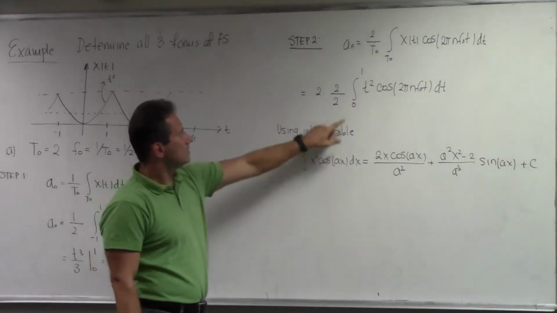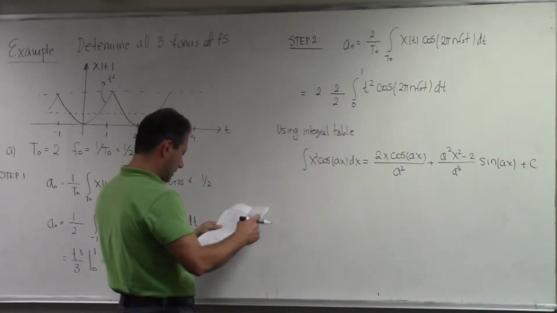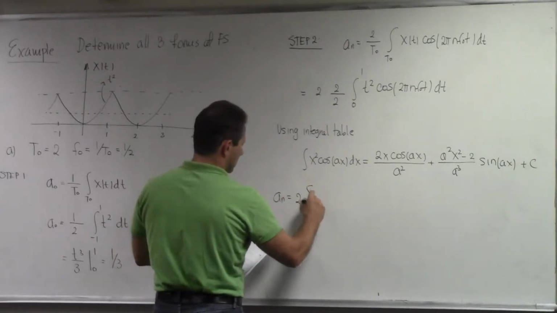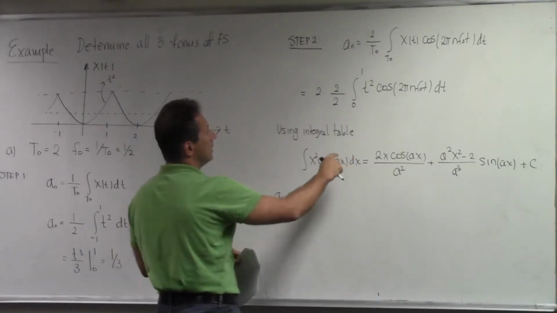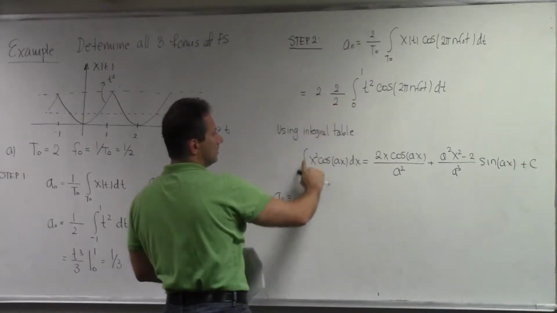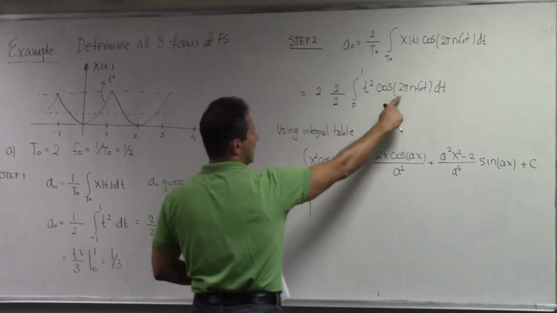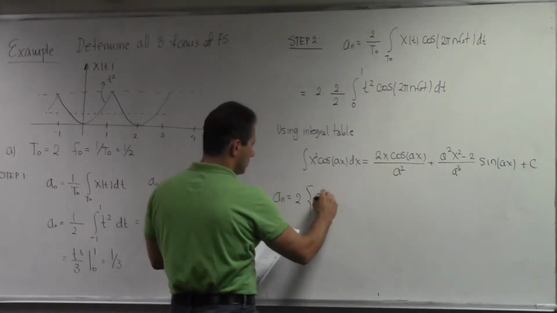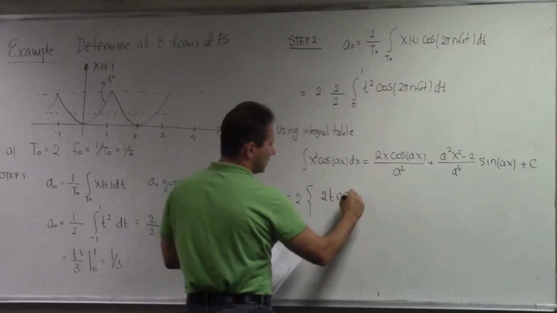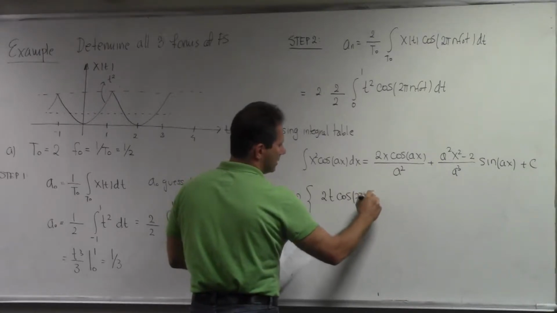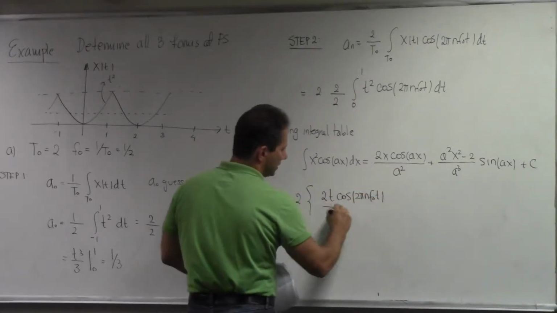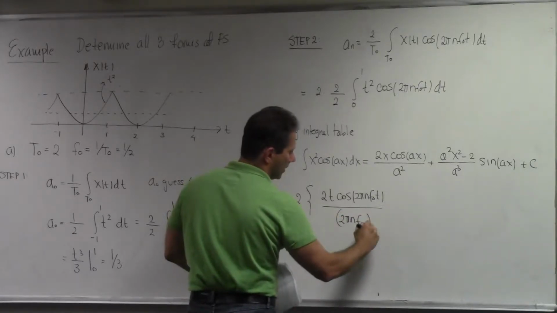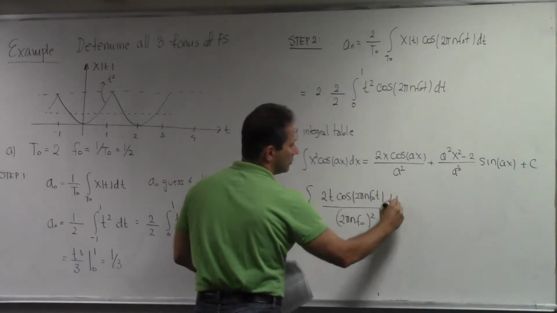All right, so if I apply this formula to this, I get that my an is going to be 2 times, and then let's just carefully apply it. This 2 times is from this guy here. Now, in this case, a is 2 pi n f0, so I'm going to have 2t cosine of 2 pi n f0 t divided by 2 pi n f0 squared from 0 to 1.